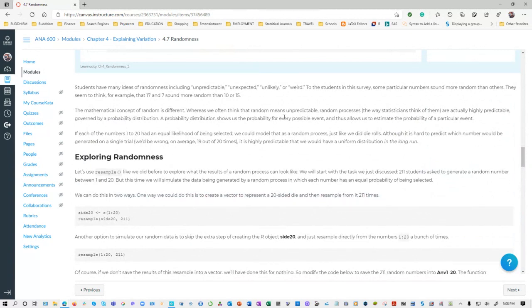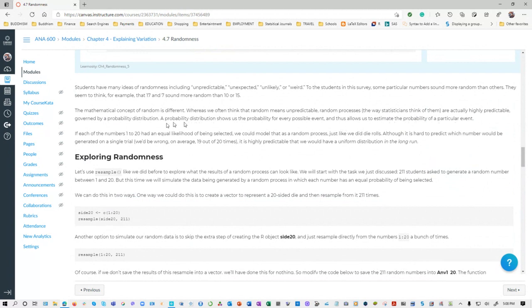We often think that random means unpredictable, but random processes are actually highly predictable. Any number can be shown with the probability for every possible event. The probability distribution shows us the probability for every possible event and thus allows us to estimate the probability of a particular event.